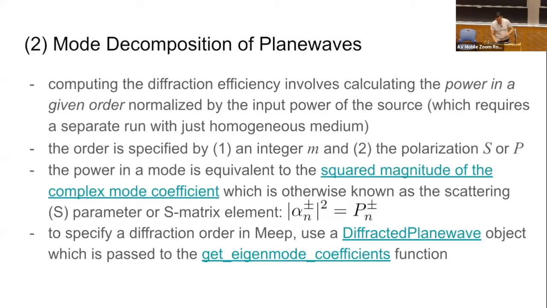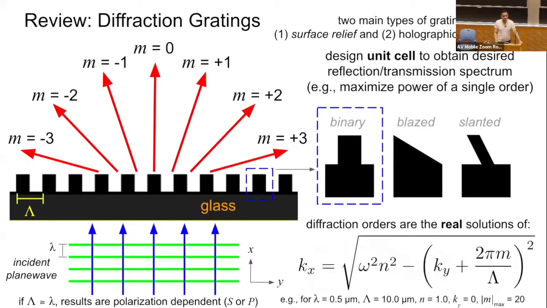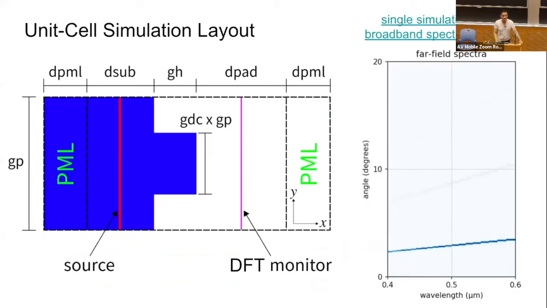Let me just do one more review before we turn to the code. We have a one-dimensional grating. Because it's a periodic structure, we're going to only model a unit cell of this grating. We have PMLs in the X direction, block periodic in the Y direction.